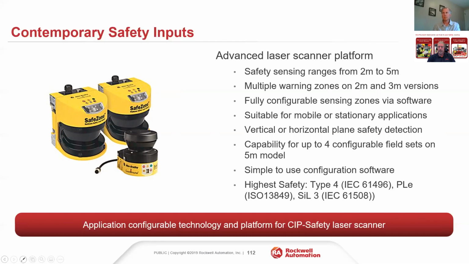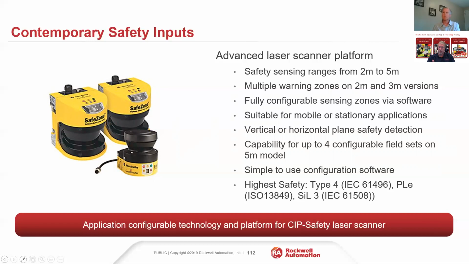But in the case where it makes sense, the laser scanner gives a lot more flexibility, a lot more information, and the ability to do different things, where you can have warning zones as well as safety zones. Depending on the model, you can have multiple warning zones, where maybe as you encroach upon the first warning zone, there's an alarm that goes off that says, hey, you're getting too close.